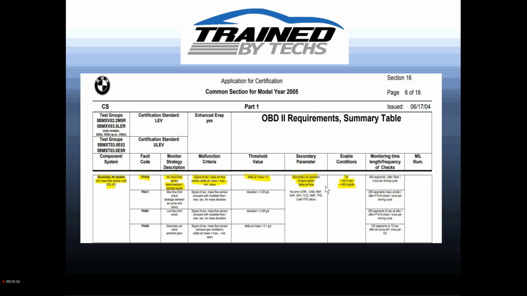The secondary parameter here says that the secondary air must be operational, the engine speed must be less than 4,500, and the air mass flow sensor will read less than 400 milligrams per stroke. I don't typically translate airflow in that type of measurement, but basically that's saying that there should be some type of airflow.